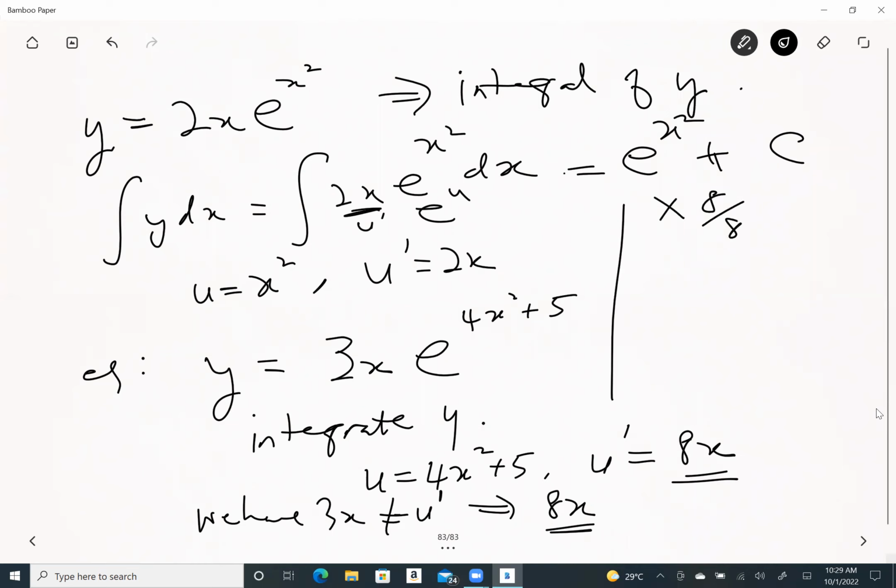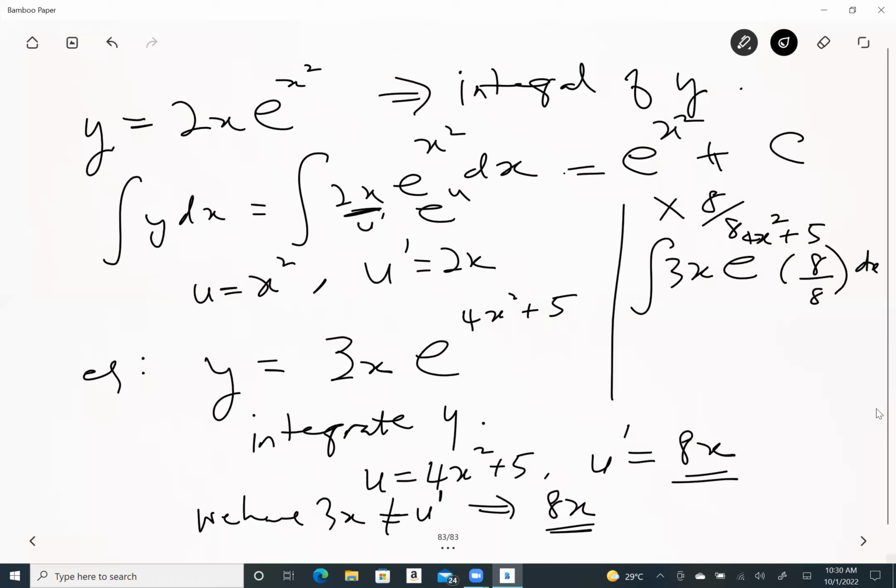So what I have now is the integral of 3x e to the power of 4x squared plus 5 times 8 over 8 dx. I don't rearrange anything yet. I will do the rearrangement afterwards.